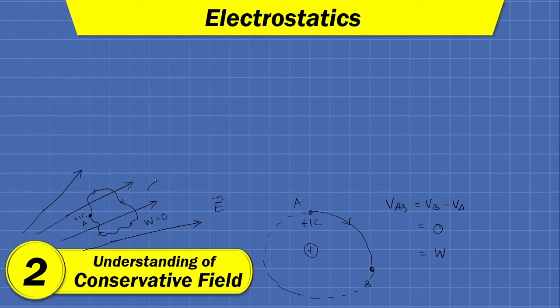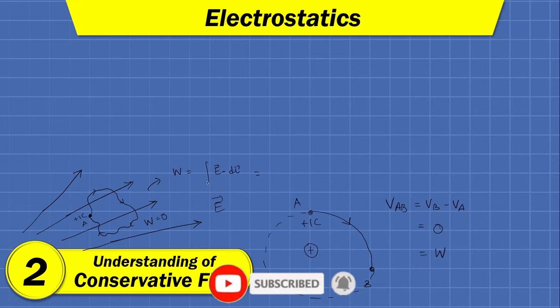Why? Because when we calculate the work done, we use the relation E bar dot dl bar. When we do the line integration, the lower limit and upper limit of the integration will be the same, and if both limits are the same, then the work done will be equal to 0.